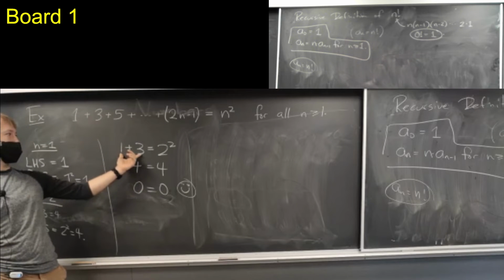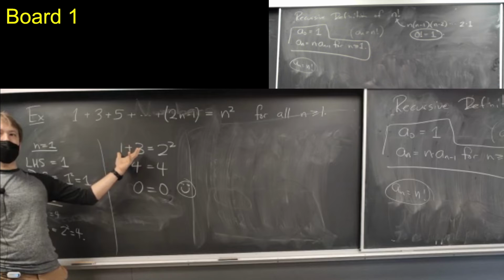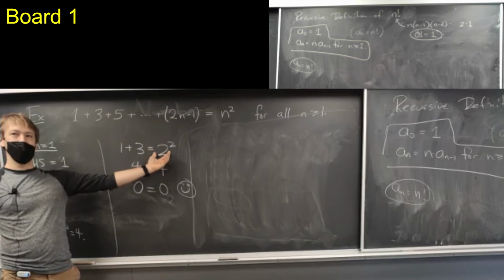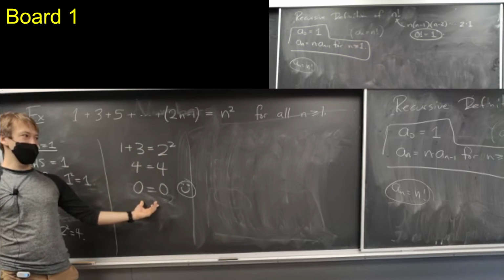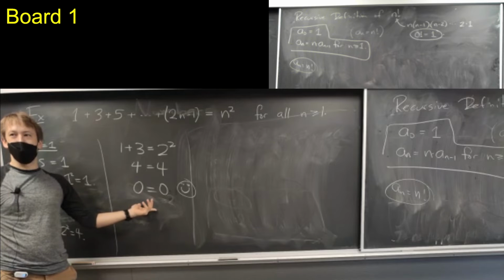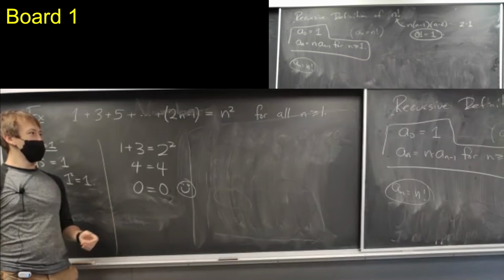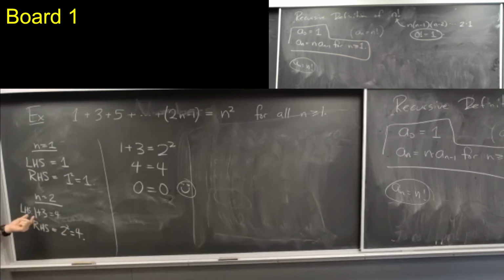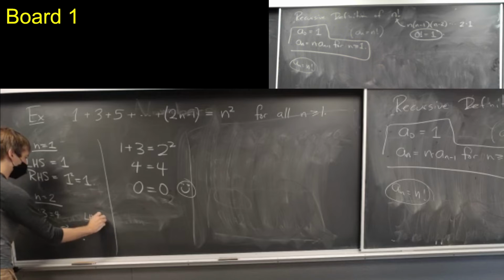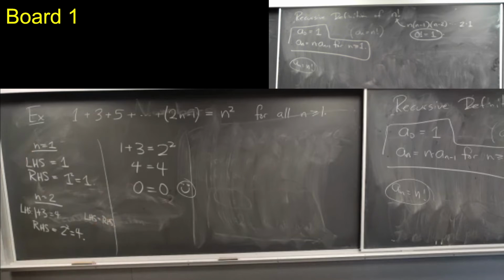I started by assuming the left-hand side equals the right-hand side, and I derived something which is true, but kind of pointless. So this is a better way to do it. Write out what your left-hand side is, write out what your right-hand side is, and then say, left-hand side equals right-hand side, so it's proved. I'm not sure if the difference makes sense, but there is a subtle difference.